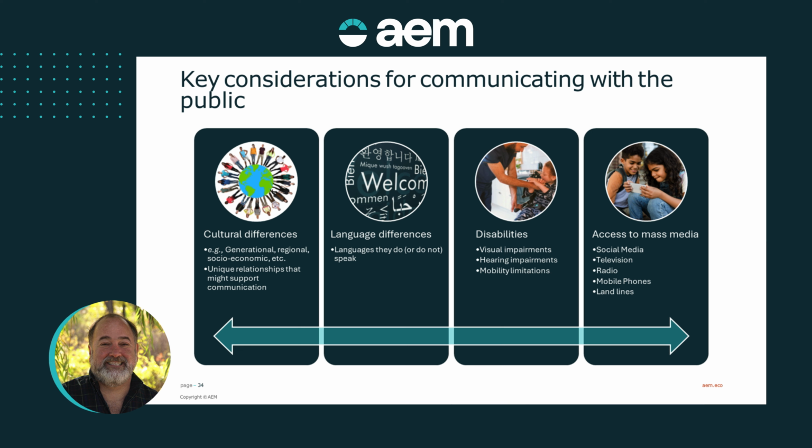When it comes to communicating with the public, there are a lot of things that you need to keep in mind. A lot of these things have come out in projects that we've done in the past. Some of them are cultural differences that need to be taken into account. We've done warning systems in places in South America where the actual plan to get people to safe places is to educate the kids in schools on what to do.